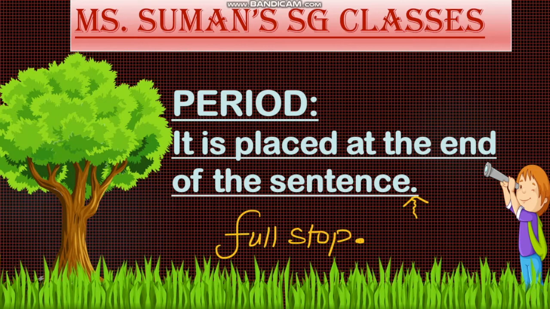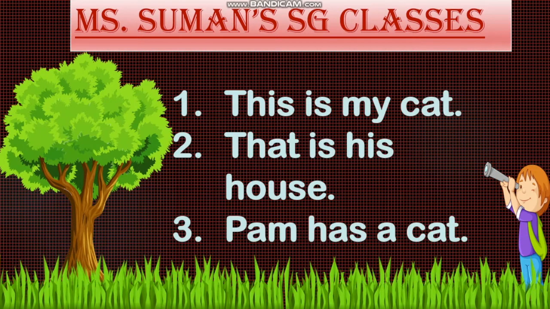Let's take a look at some of the examples. This is my cat. So the person is telling that this is my cat, period. It means the sentence is complete. That is his house. The sentence is complete here. Pam has a cat, a period again, telling us that all these 3 sentences are complete.